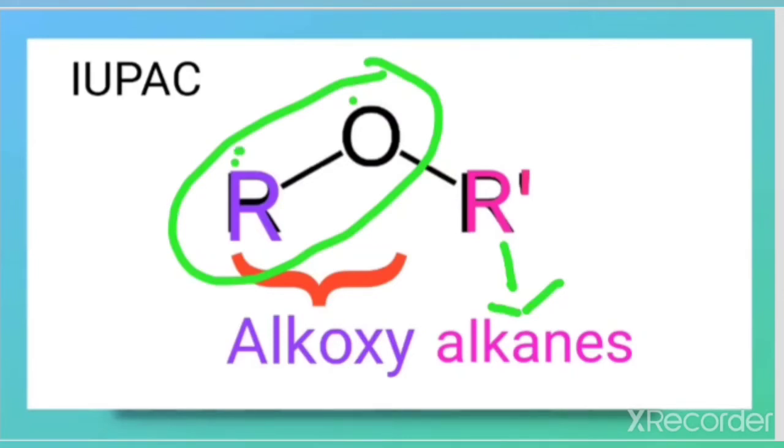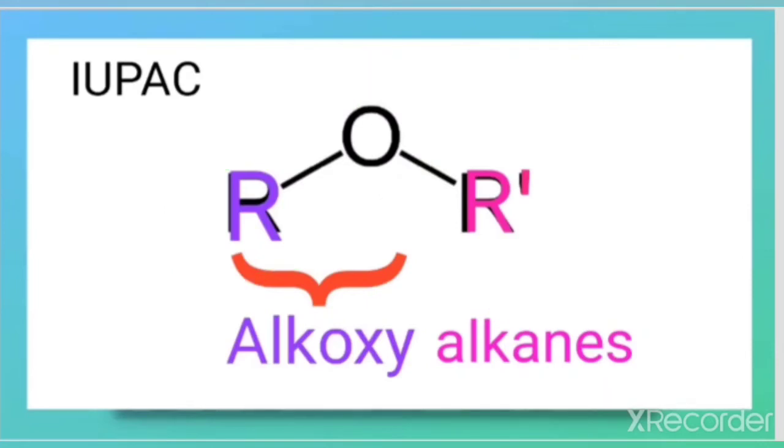R is the alkyl group and O, that is alka-oxy, R with O, alkoxy. And the other R is taken as the main chain, that is named as alkane. So let us do the examples, then it will be more clear how we name this one. Let us discuss the examples one by one.